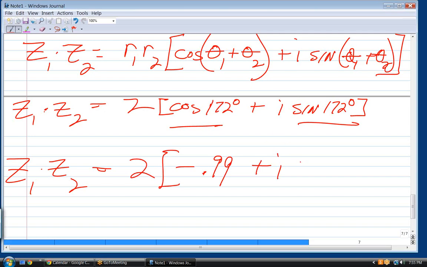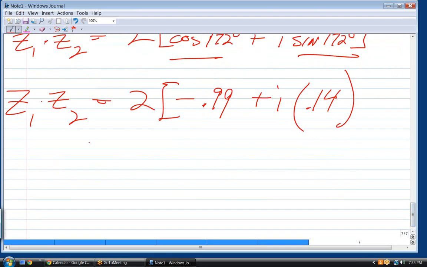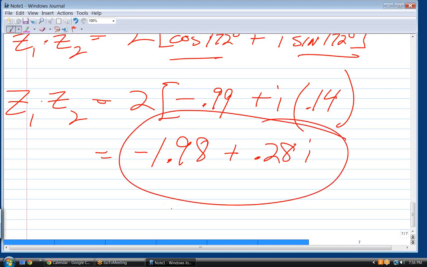That's a positive number. Sine 0.14. So what we have is a complex number minus 1.98 plus 0.28i. That's A plus Bi format. A is this, B is that.